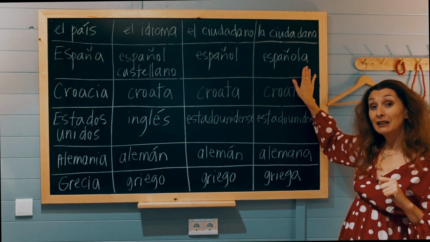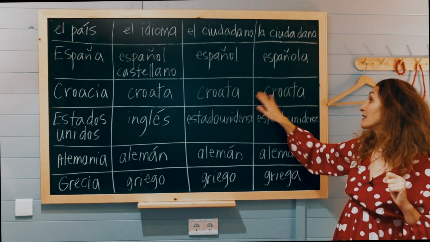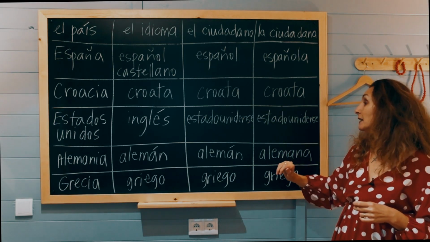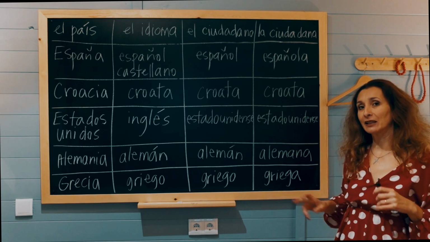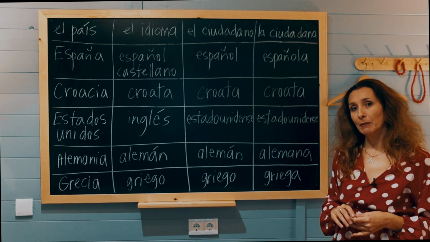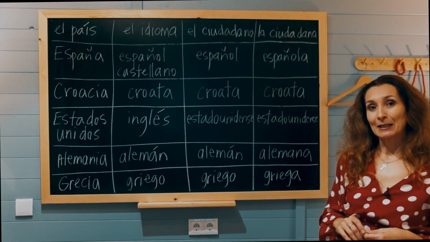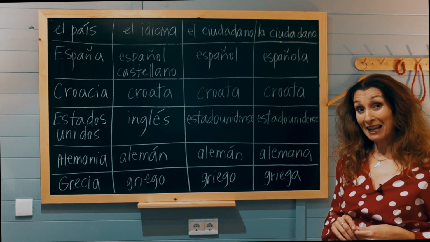It has a different ending, a feminine ending. And in some cases, it doesn't change. Croata is for both men and women. Estadounidense also for both men and women from America or from United States. Okay? Good. Okay, that was the lesson for today.